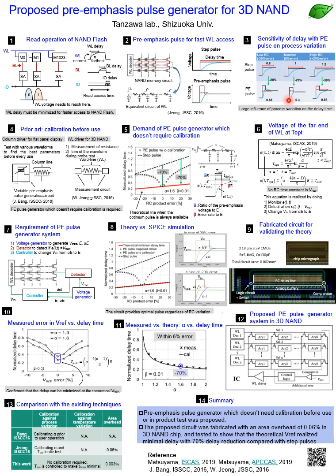This indicates that the circuit designer must solve the large influence of process variation on the delay time. How can you minimize that effect? In the prior art, they use calibration before use.